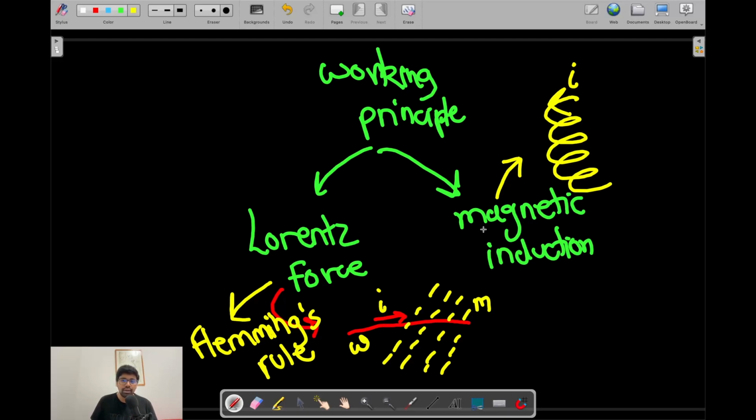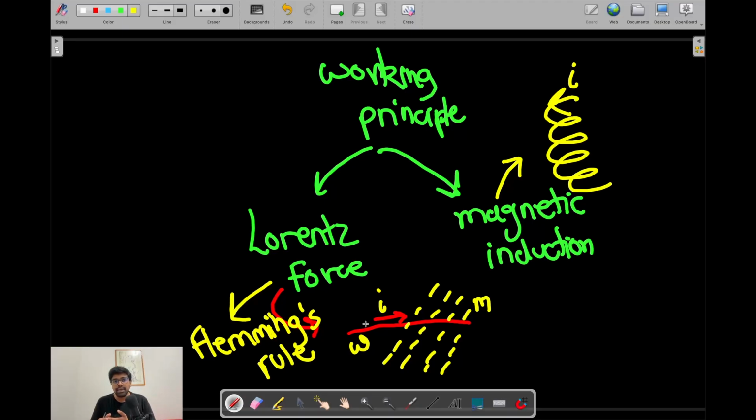In the Lorentz force, what it says is that if a current carrying wire, which can be a coil, a straight wire, a small wire, or a very long wire, is placed in a magnetic field, it will experience a force whose direction is given by Fleming's rule.